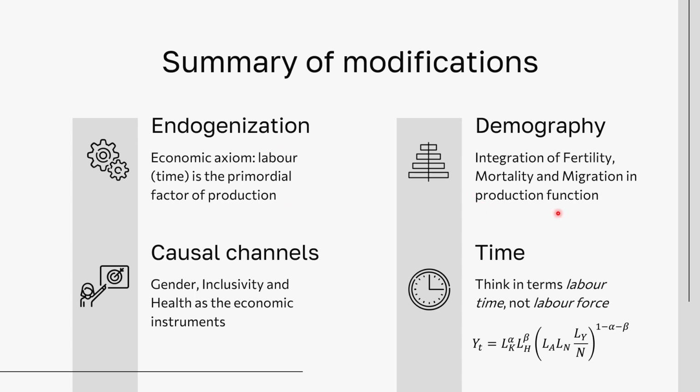And we've also integrated our demographic variables, that is fertility, mortality, and migration, as well as the inclusivity factors of labor force participation rate and urbanization. We've now identified the causal channels, and we'll talk about this later. Effectively, gender equality, inclusivity, and healthcare are the socioeconomic instruments.